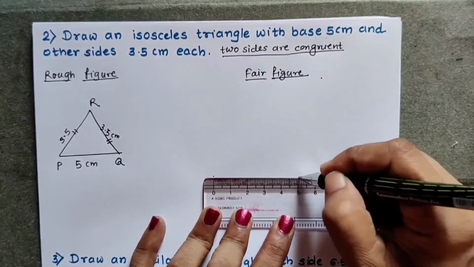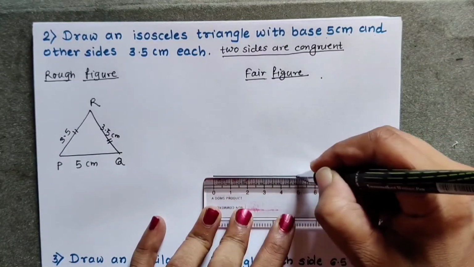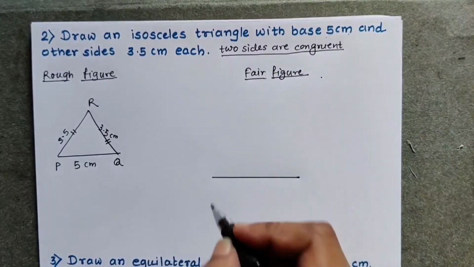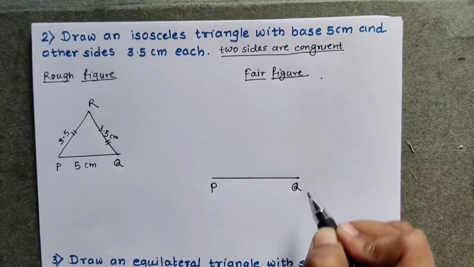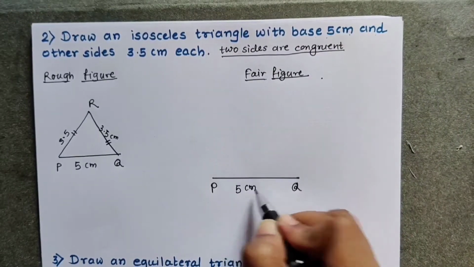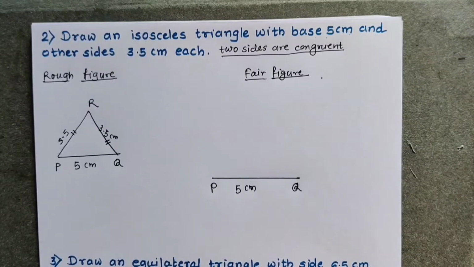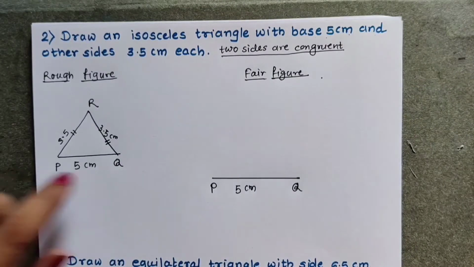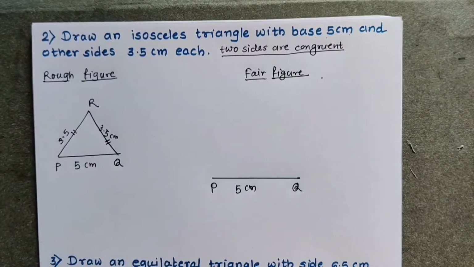From 0 till 5 we have drawn the base of 5 cm. PQ is 5 cm. Now we have to take the radius of 3.5 cm in our compass.